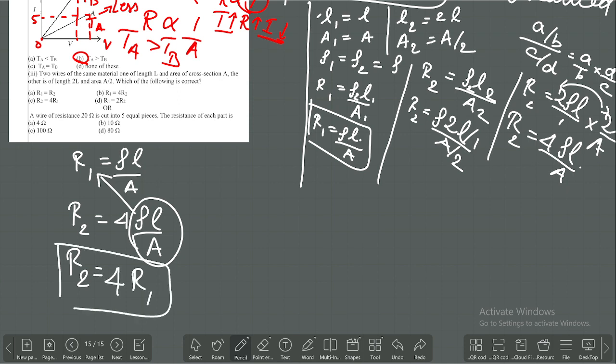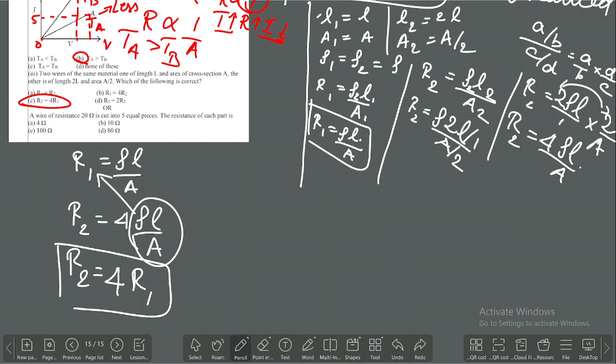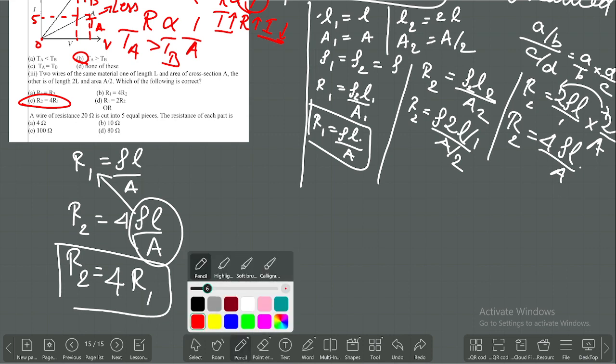So based upon this, what will be our answer? Our answer will be C. Option C, R2 is equal to 4 R1. Now the last question. A wire of resistance 20 ohm is cut into 5 equal parts. Let us take a wire.